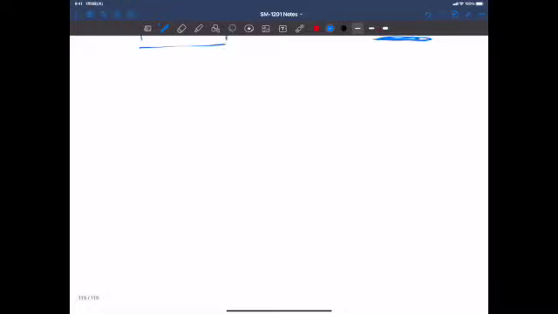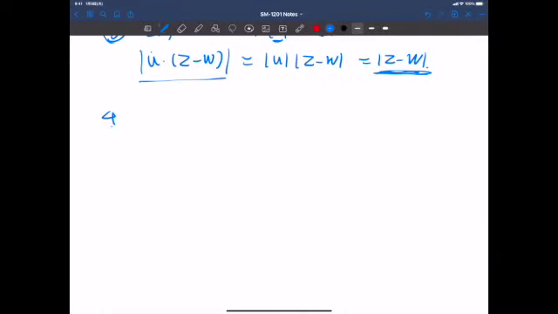Okay, and next, now consider any complex number on the plane. Then consider three distances: the modulus of z minus 1, z minus 0, and z minus i.